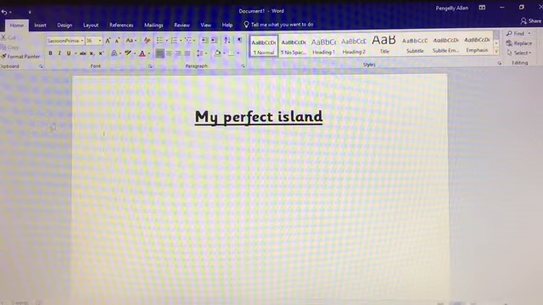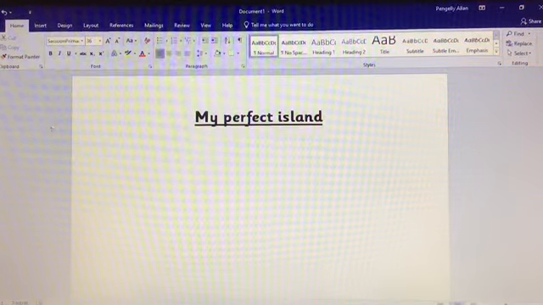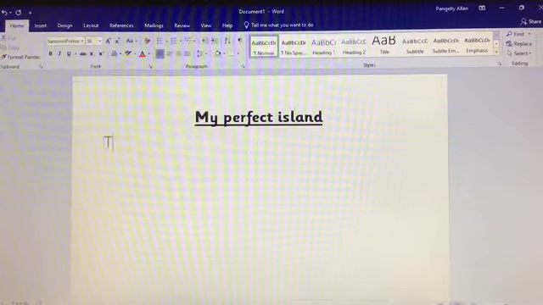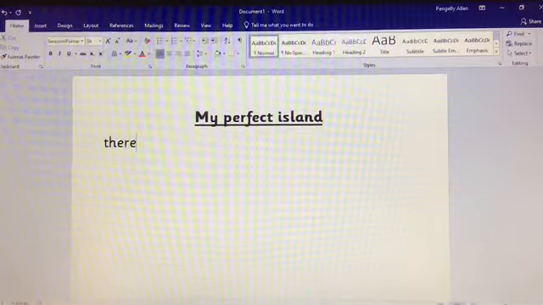So I'm going to start off with the daffodils. Now, remember, Mr. Pengelly does make a lot of mistakes, so you're really going to have to help me if I make a mistake. Okay, so I'm going to start off by saying there, and make sure that's just a small what.